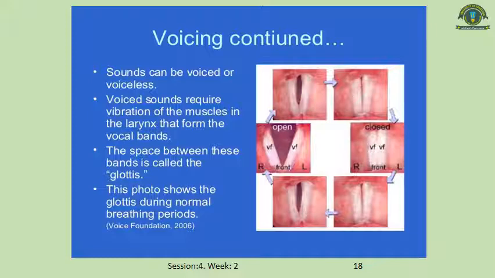On the right side, they are closed, but on the left side, they are open. When there is openness, there is no vibration, which means the sound is a voiceless sound. But if there is closeness, there is vibration, and through vibration, air passes through that place.